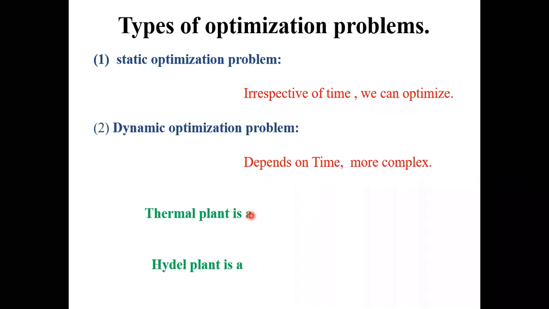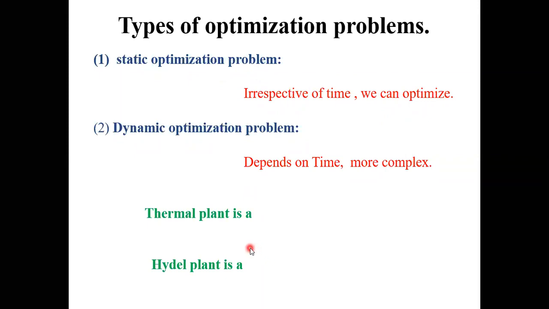The reason is, whatever parameters we consider in a thermal power plant, we take those parameters as constant. When those parameters are constant, we can easily get the optimized solution. So that's why we say the thermal power plant comes under a static optimization problem.